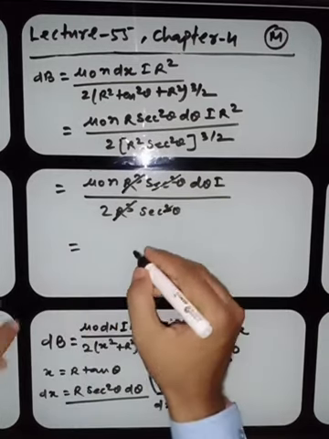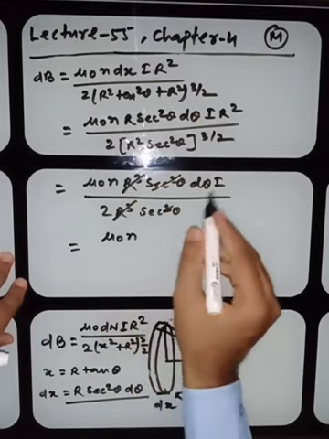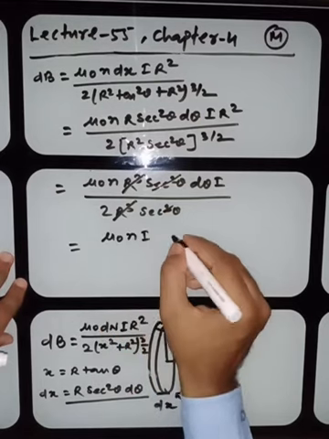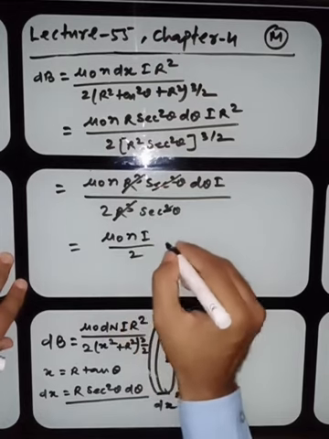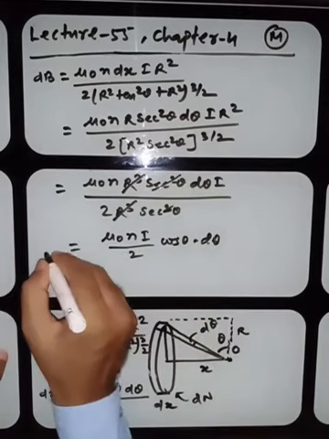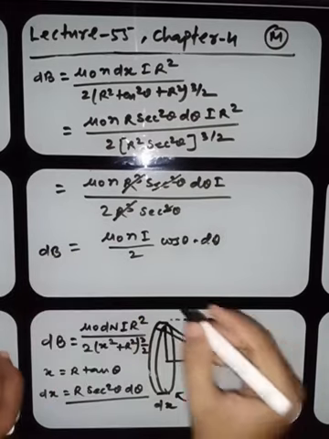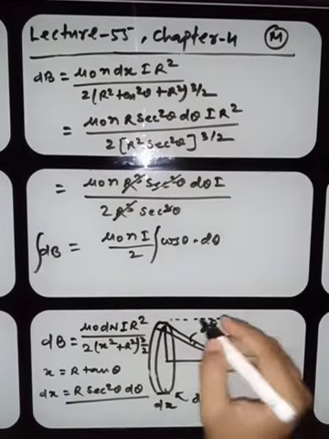Finally, we have here mu naught nI. And the sec theta will be the cos theta divided by 2 cos theta, and d theta, and here we have dv. Okay, we'll integrate to find the result.